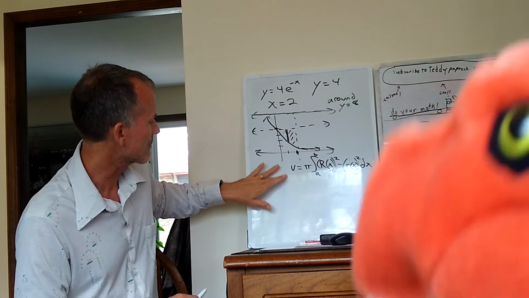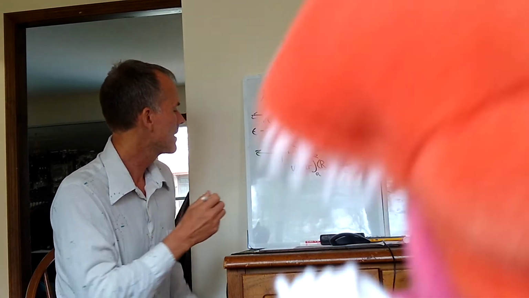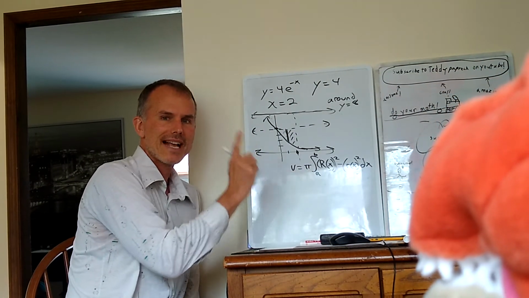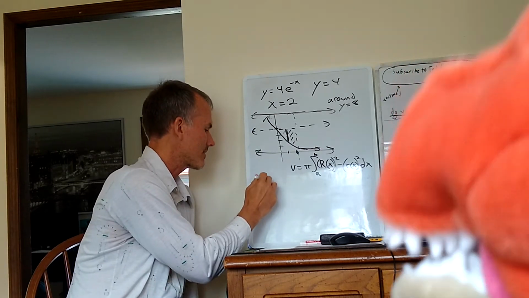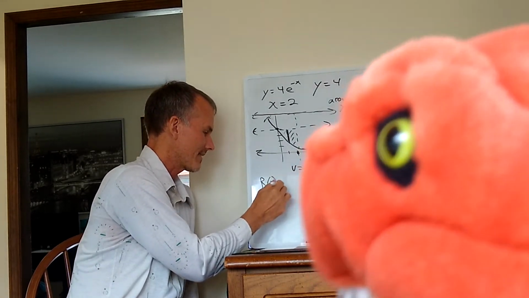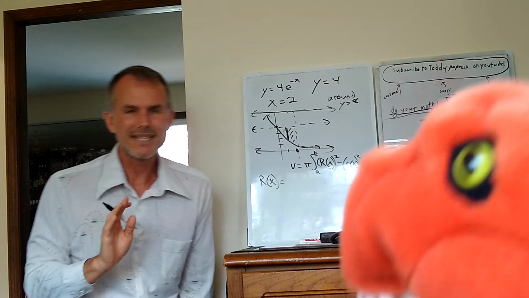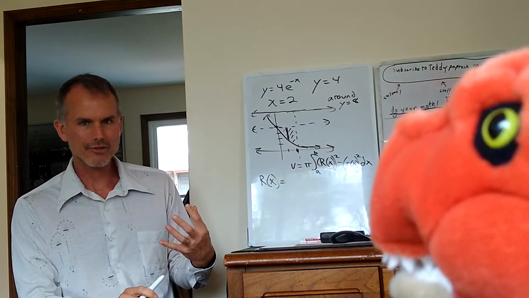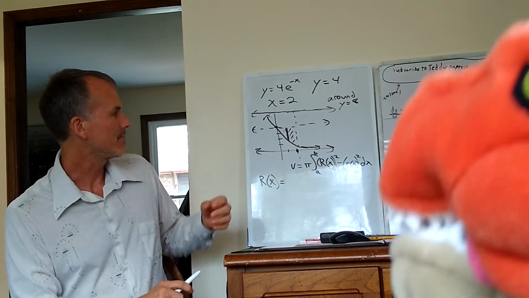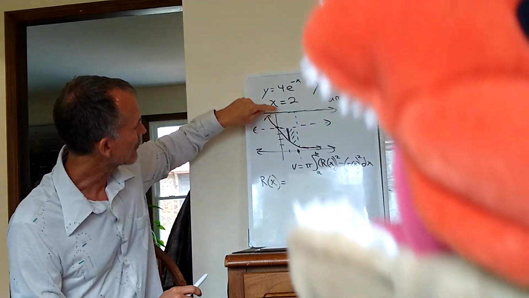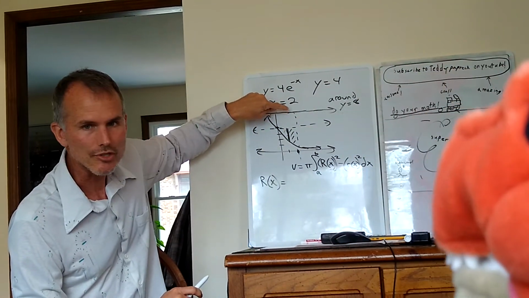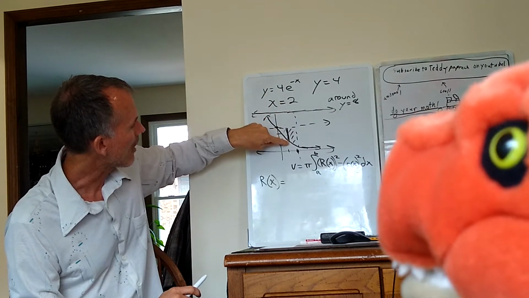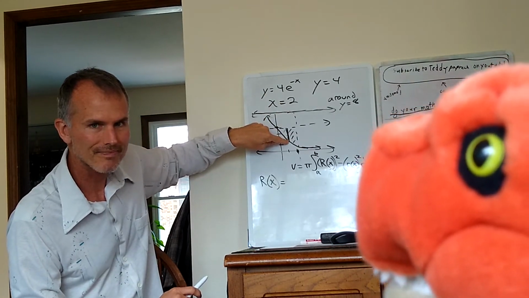Now here is how to think about this. If you do this procedurally, you can't go wrong. The first thing I'm going to do is write out an expression for big R of x. Think of big R as the outer radius of a washer. Big R would go from your axis of revolution to the far boundary of your shaded region.